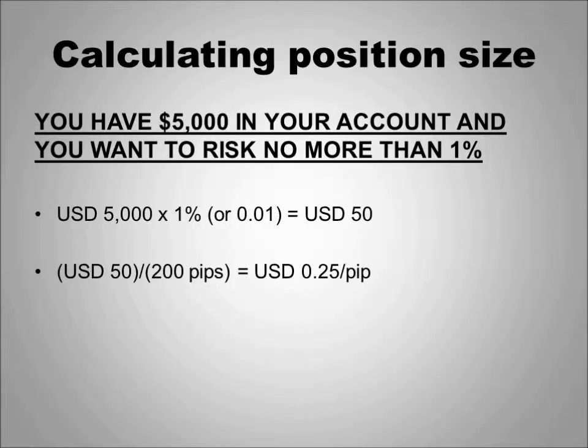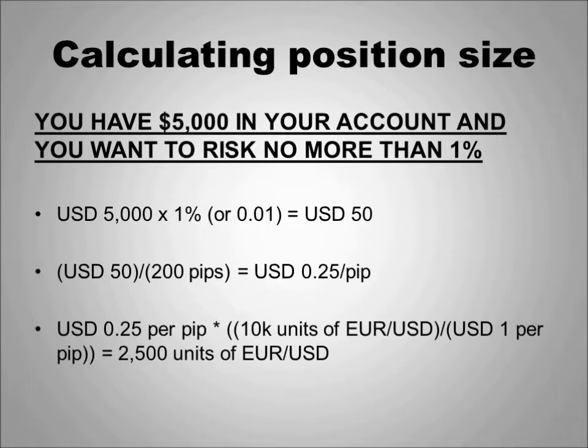However, 50 US dollars divided by 200 pips means each pip is only worth 25 cents.